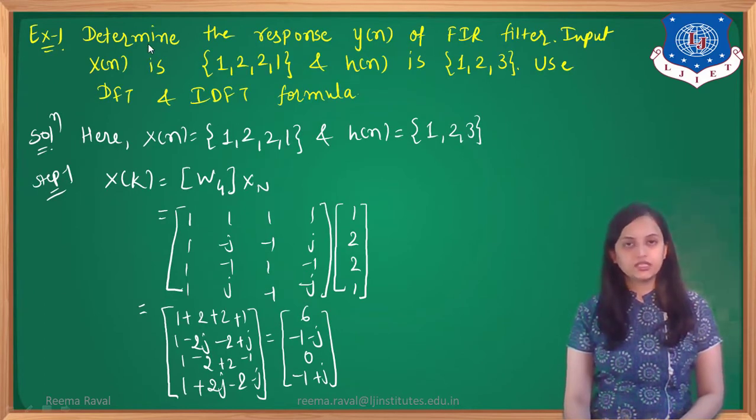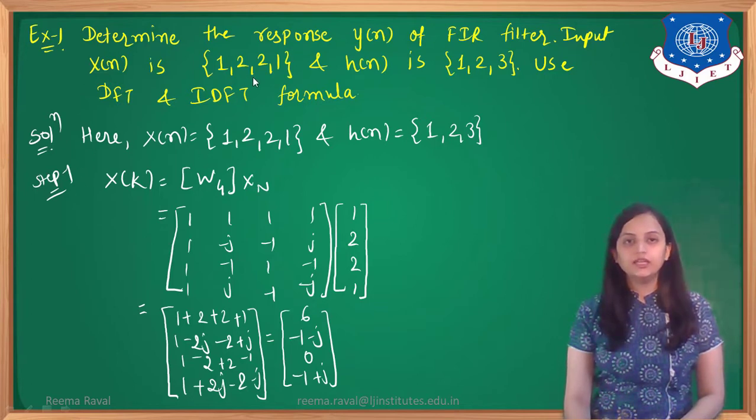So here in this first example, the data given to us is to determine the response y of n of FIR filter where the input x of n is 1, 2, 2, 1 and h of n is 1, 2, 3. It is mentioned to use DFT and IDFT formula. So let's see how we can solve this.